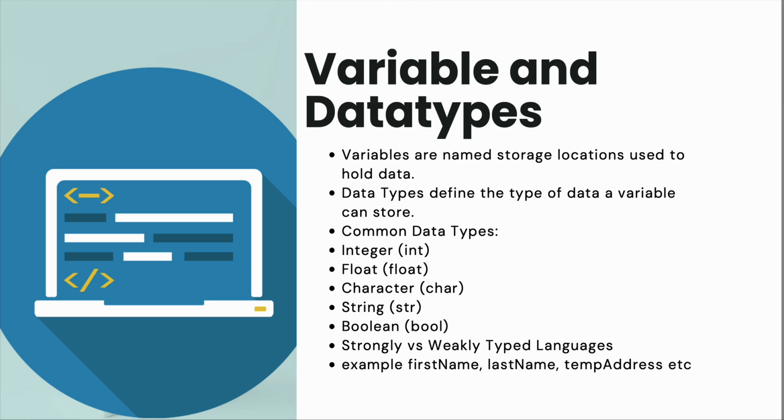For example, let's say a contact in your phone, there will be a name called Mom, and inside that Mom there will be a number associated, your mother's phone number. In that case, Mom is the variable name and the phone number is the data.